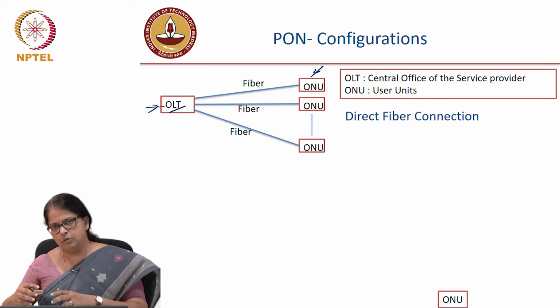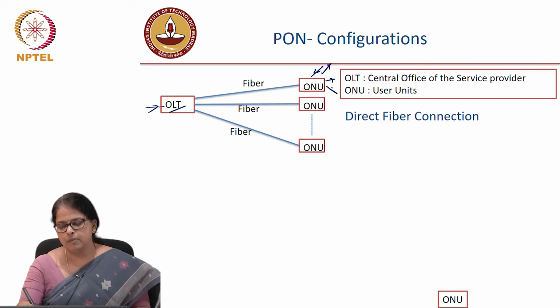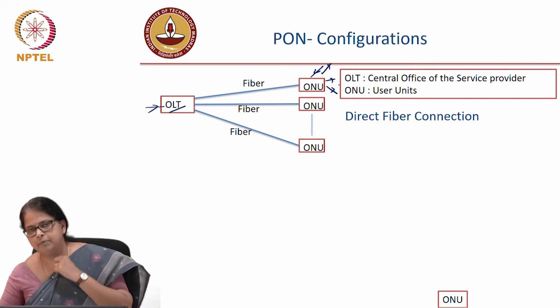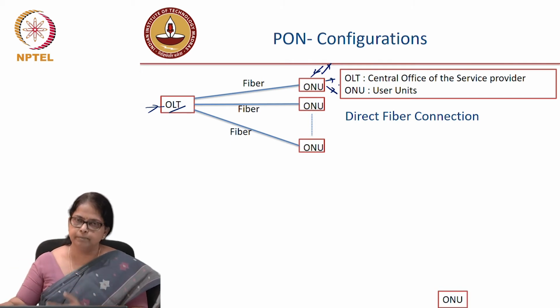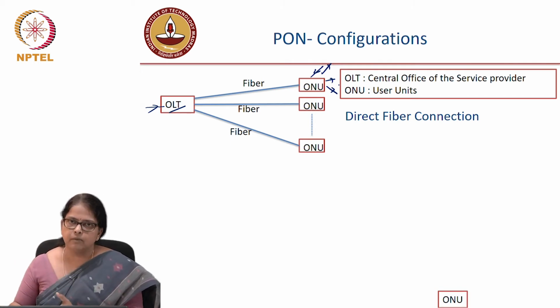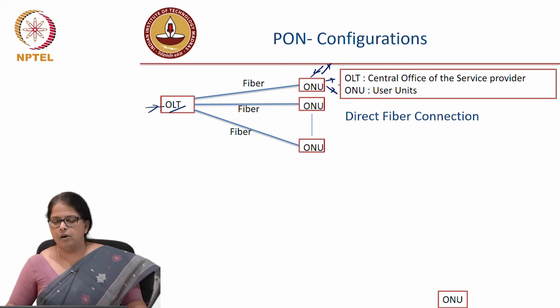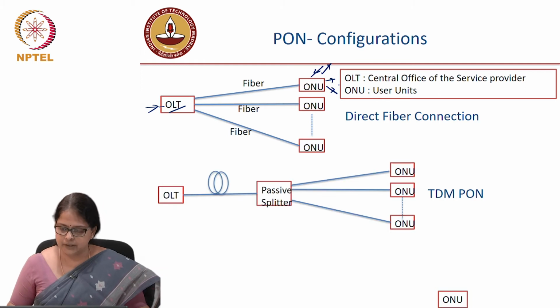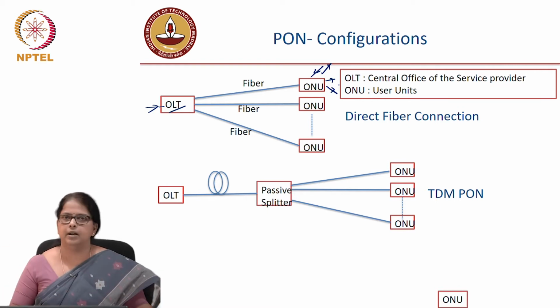From the ONU, you could have multiple connections, which could be connected to your television, to your computer, to your Wi-Fi node, and so on. Okay, so this is one simplest way of PON configuration. The other way of PON configuration is that suppose all these users are at a slightly far location.